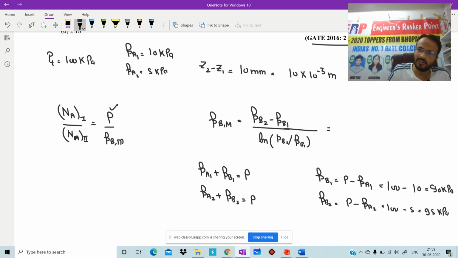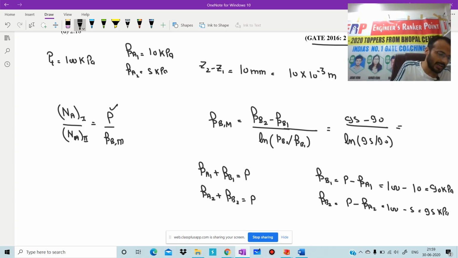Then we will solve: 95 minus 90 divided by ln 95 by 90. Tell me what is its value after solving. I hope you will get the value of PBM is equal to 92.4775 kilopascal. Is it clear?